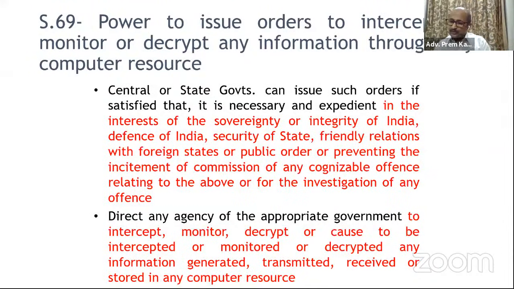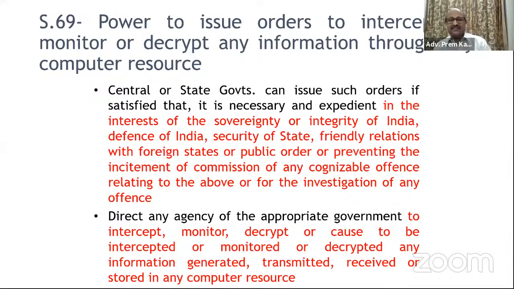69 is power to issue directions for interception or monitoring or decryption of any information through any computer resource. Now this is a situation where, with regard to any act becoming a threat to the sovereignty or integrity of India, defense of India, security of India, etc. If such things happen, there could be a situation where direction could be issued by the appropriate authority for intercepting, monitoring, and decrypting.